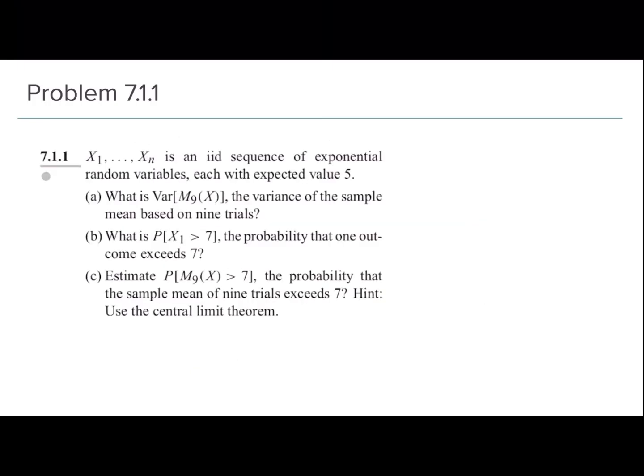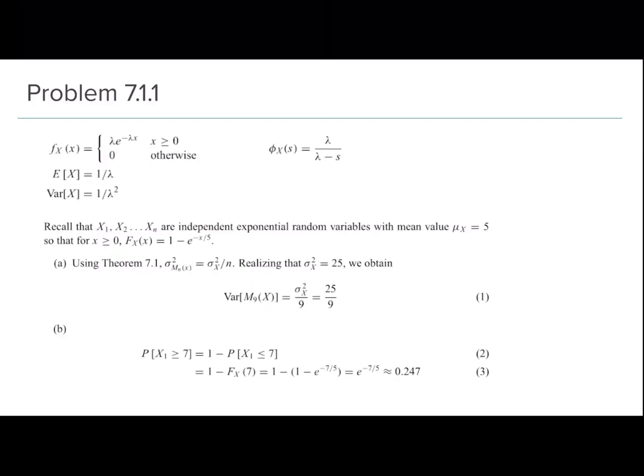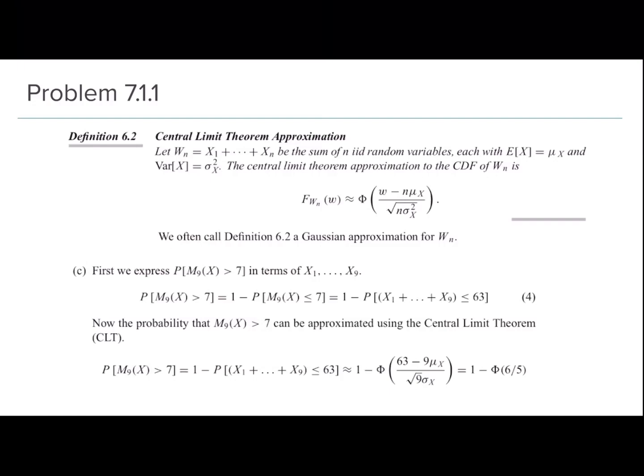Right. So the next part says, estimate the probability that M9(X) is greater than 7. The probability that the sample mean of 9 trials exceeds 7. To approach this, we'll once again revisit the central limit theorem approximation, which says: let W_n = X1 + X2 + ... + Xn be the sum of n IID random variables, each with E[X] = mu_X and variance of X equal to sigma_X squared.